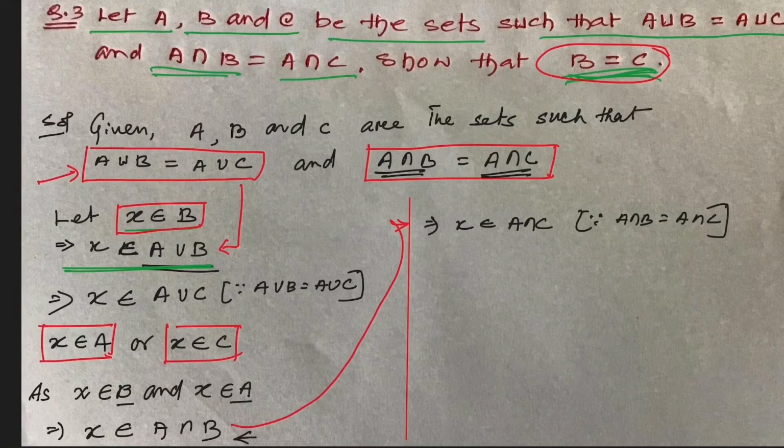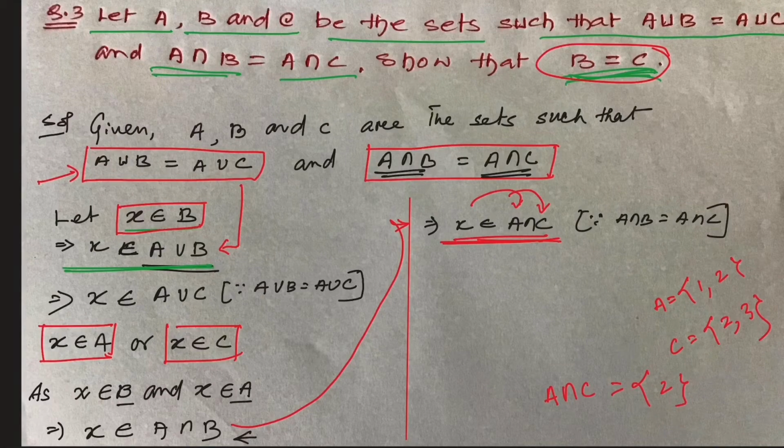So here you see, since x belongs to A intersection C, then x must belong to both the sets A and C. Because when we find intersection, suppose set A contains 1 and 2 and C contains 2, 3, then A intersection C is given by a set containing the common element only.